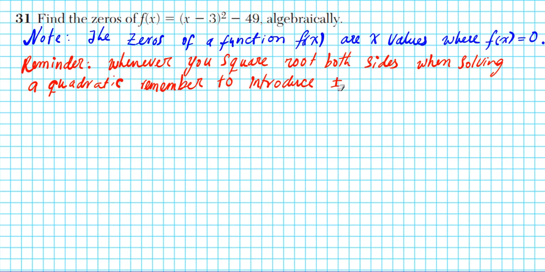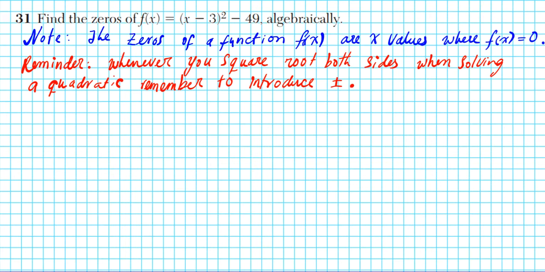This could be introduced either to the left or the right side. Ideally, if you introduce plus or minus to the numerical part of your equation, it's easier to isolate the variable. So this is something to keep in mind.